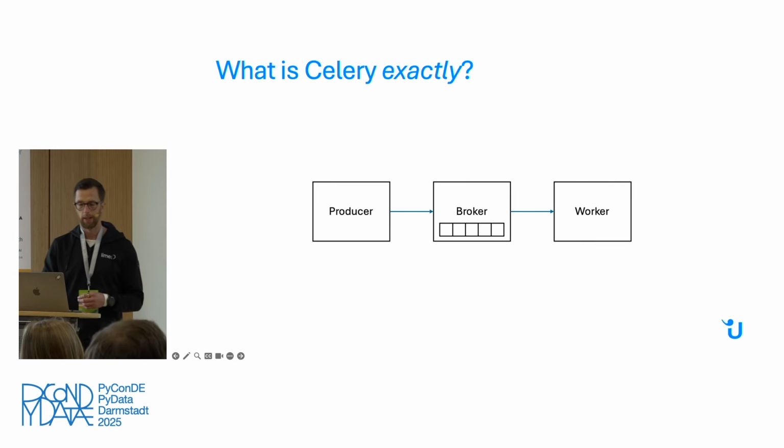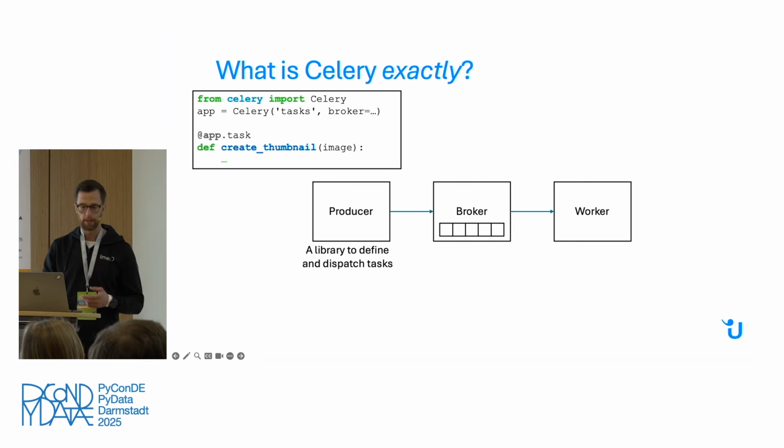On the producer side, it's a library to define and then dispatch tasks. To define a task in the simplest way is relatively straightforward. You have a little bit of boilerplate to set up a Celery application, and then you just decorate a function. As you can imagine, it gets more complicated the deeper you dive, but that's how you start.